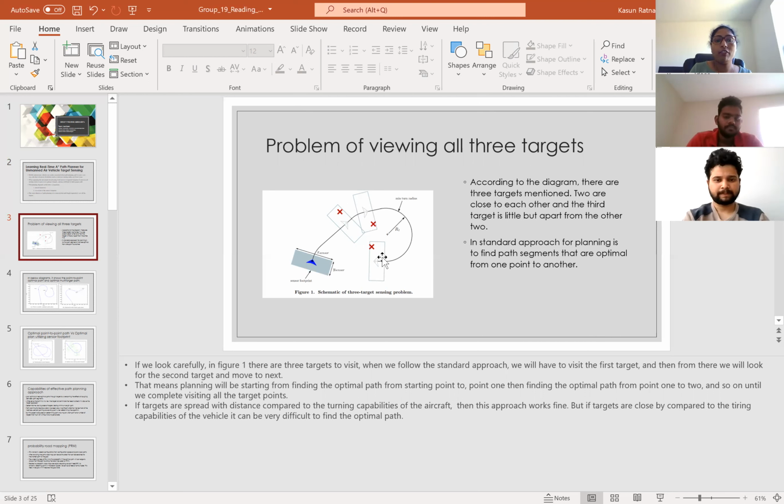If we are following the traditional approach, we will be planning the path from one point to the next. For example, if we start from the initial point, then we will be looking at only the next target point and then finding the path. Once we reach point A, then we decide which path we have to take to reach target 2. That is called the point-to-point or traditional way of finding the optimal paths.